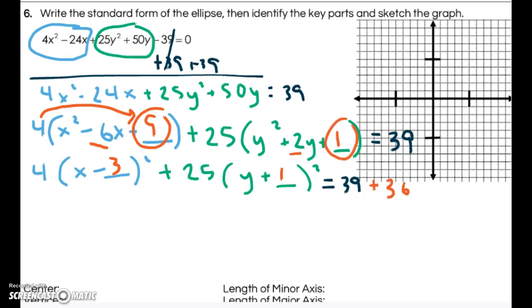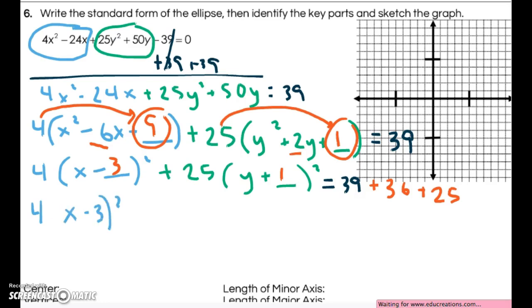And over here it looks like I added 1, but really I added 25 times 1, which is 25. So that is how I balance my equation and make sure that it's equivalent to the original. And what I have here is 4(x minus 3) squared plus 25(y plus 1) squared equals 100.